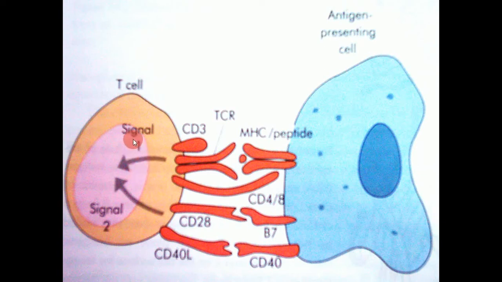As we remember from the second year, T lymphocyte stimulation occurs by two signals, signal 1 and signal 2. So they produce monoclonal antibodies against the signals, against the CD3, against the CD4, against the CD28, and this prevents the T lymphocyte from proliferation.